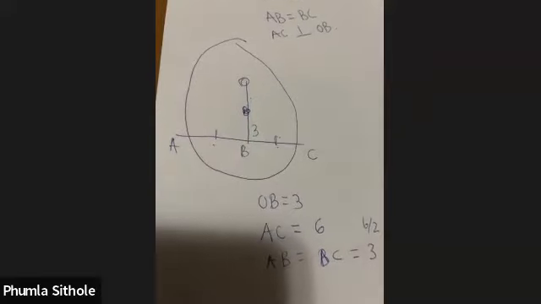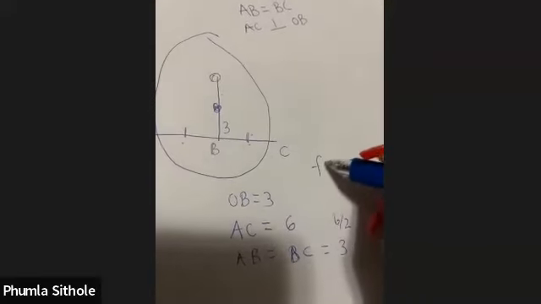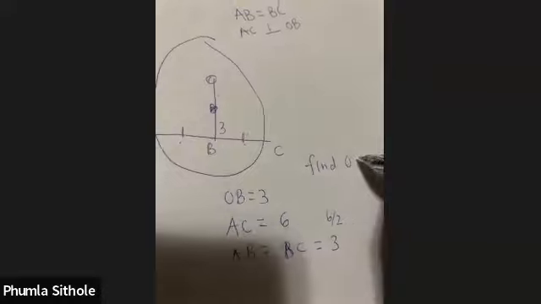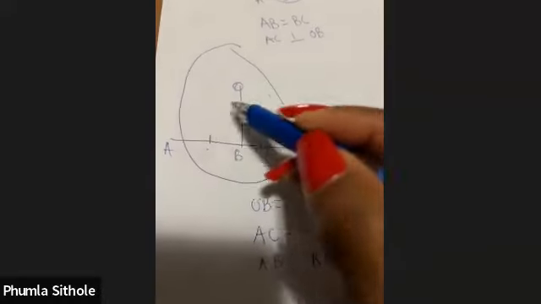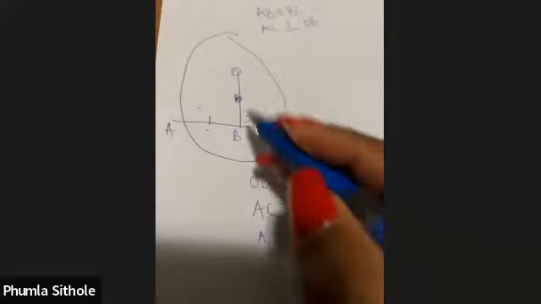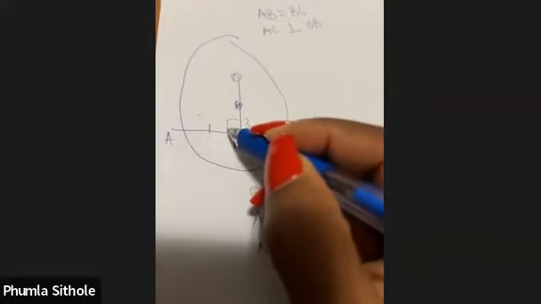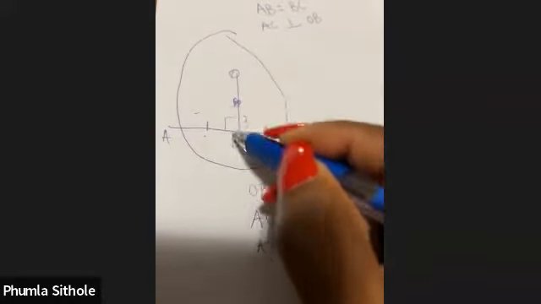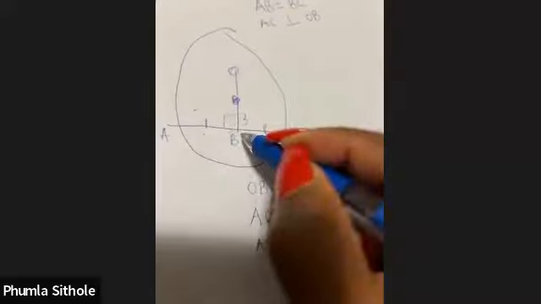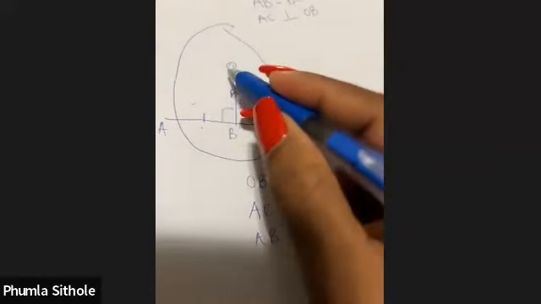Now let's say they wanted you to find, let's say the question was find OA. So OA, you use the Pythagoras theorem, this is 90 degrees. This would be your y, your x's, and your r, the hypotenuse.